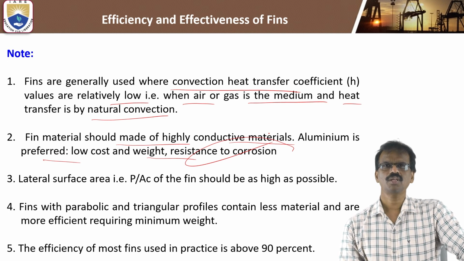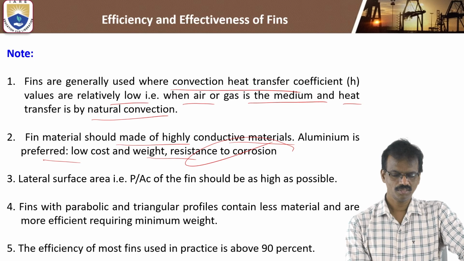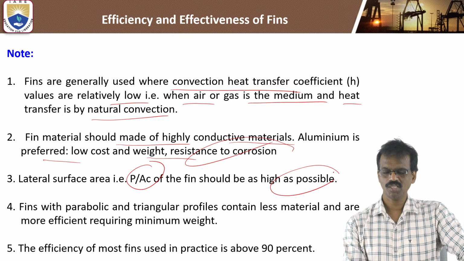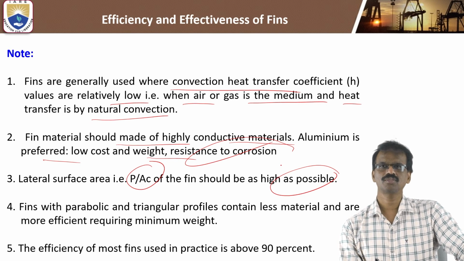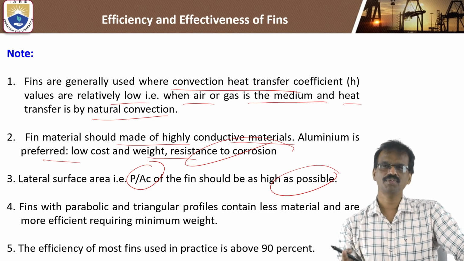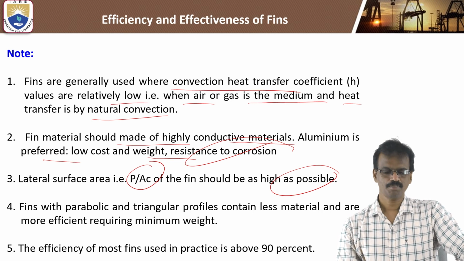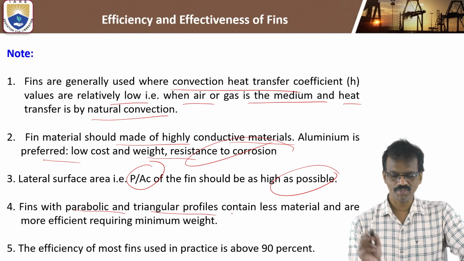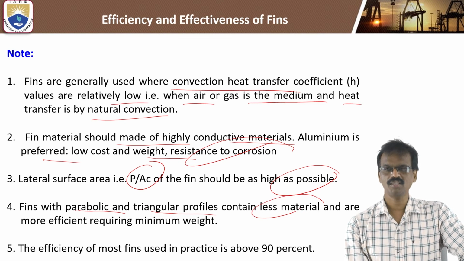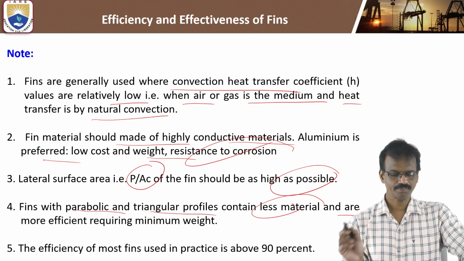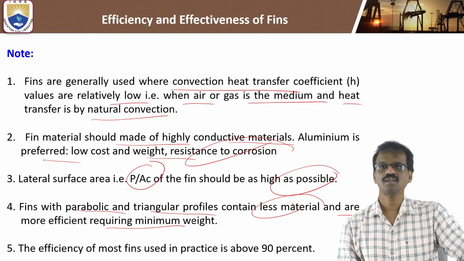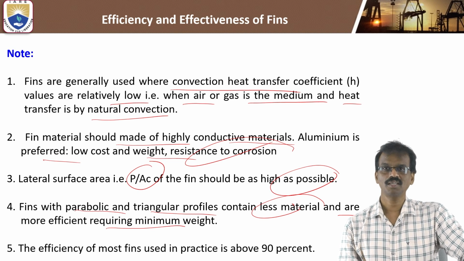Next, the lateral surface area, which we already discussed. The perimeter and cross section area of the fin should be as high as possible. We have to take care of these points to design the fins. Fins with parabolic and triangular profiles contain less material and good surface area, so they are more efficient for minimization of weight and maximization of area.